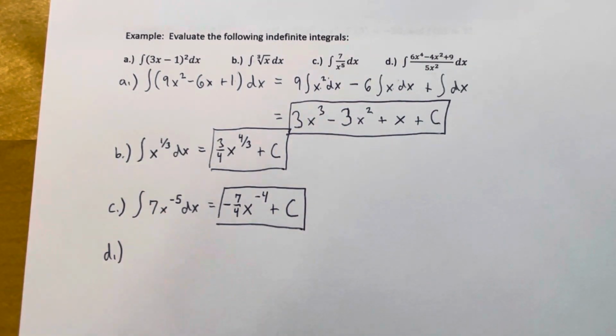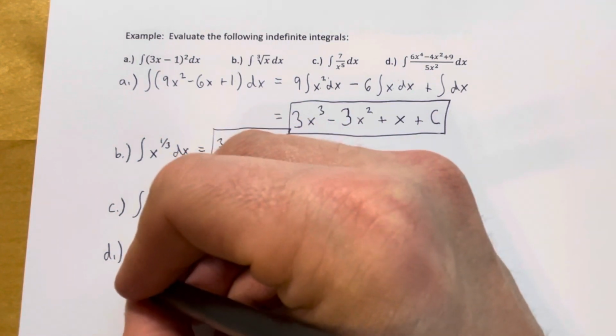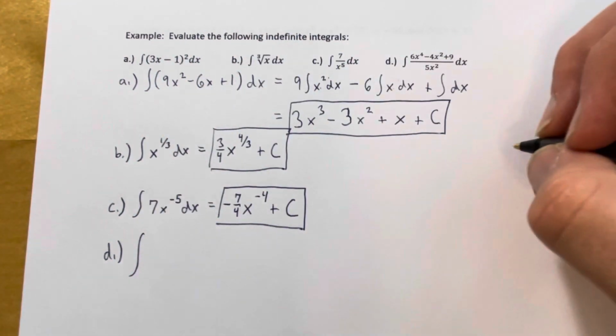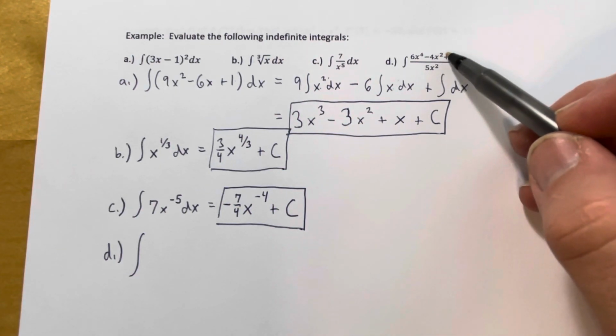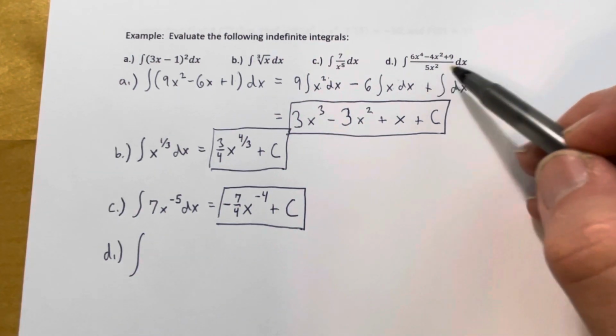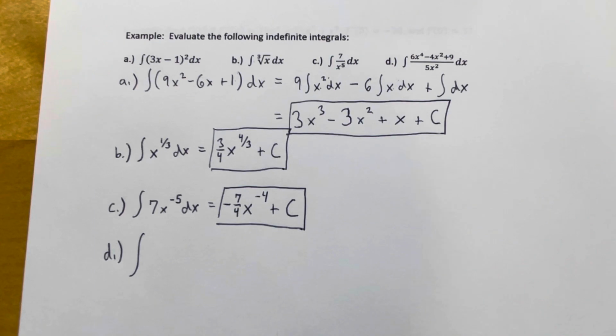Okay? Finally, part D. This is the most complicated looking example of these 4 up here. We have 6x to the 4th minus 4x squared plus 9 all over 5x squared dx. Now, at first glance, when you look at that, you might think, okay, I need some kind of reverse rule for the quotient rule, because this function is in the form of a quotient.